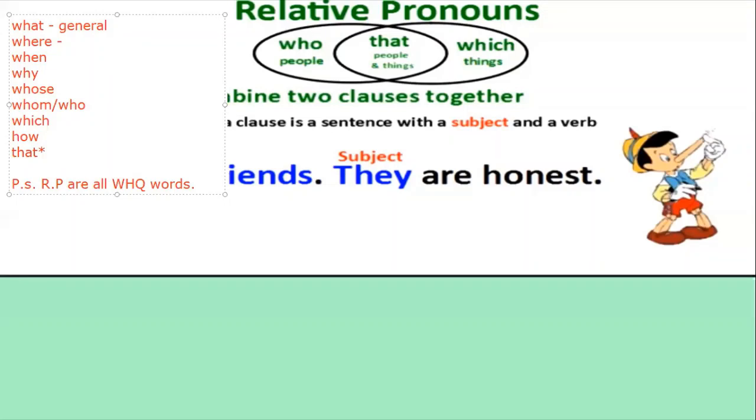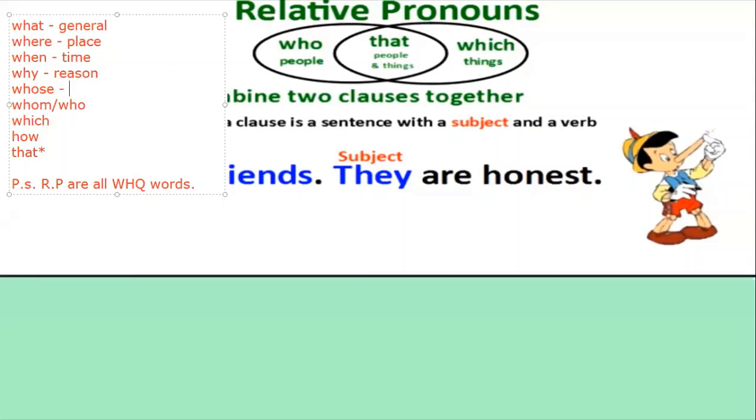For a place, for a space. We're talking about place or places, right? How about when? What do we use when for in a relative clause? About time. All right, got it. How about why? A reason, an explanation. Reason, great.